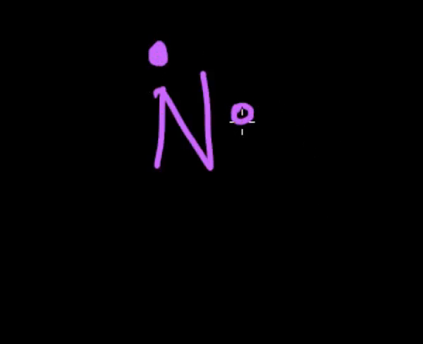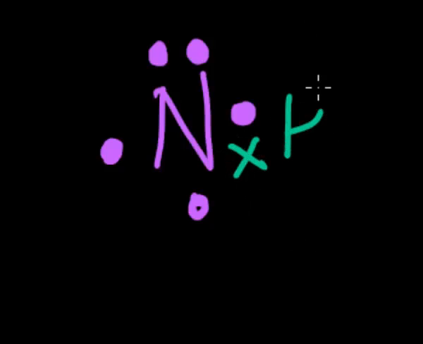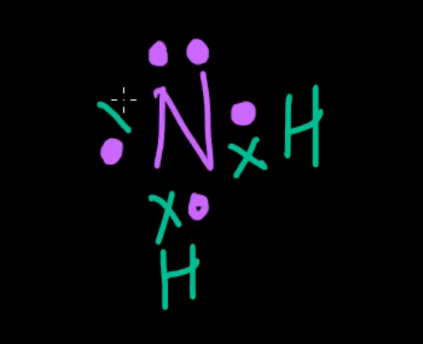We place 1 electron on each side, and if we still need to add more electrons, like we do in this case, we need 1 more, then the electrons start pairing up. For the ammonia, we had 3 hydrogens, each with only 1 electron in the outermost energy level, attached to each one of the unpaired electrons of the nitrogen.